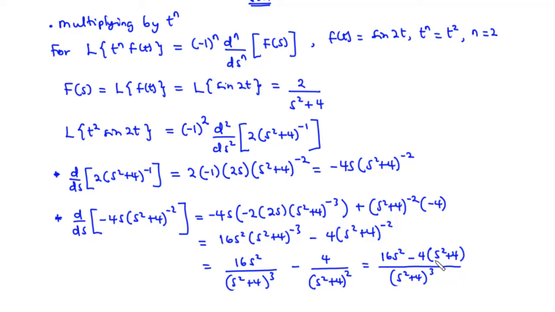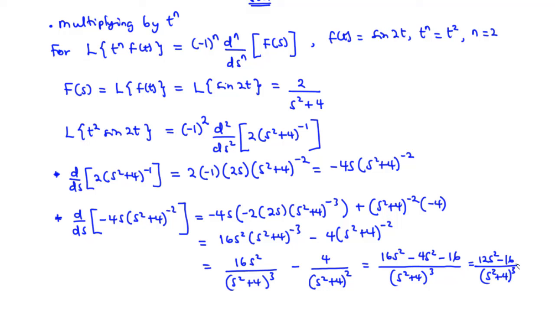Negative 4 times s squared is negative 4s squared, and then negative 4 times 4 is negative 16. So we are going to have negative 4s squared minus 16. So here you realize that 16s squared minus 4s squared, we have 12s squared, and then minus 16, divided by (s squared plus 4) all cube.